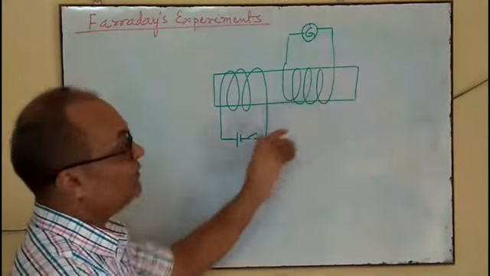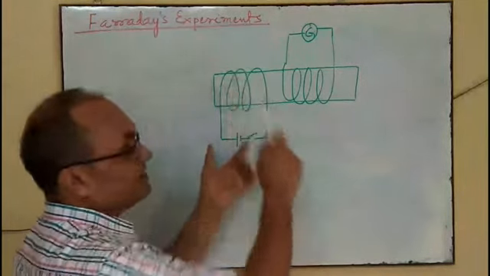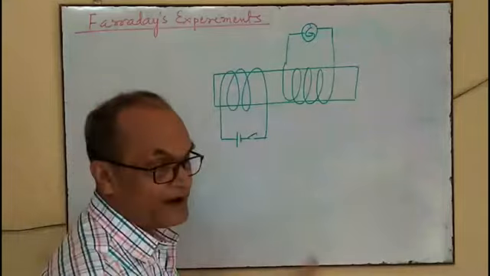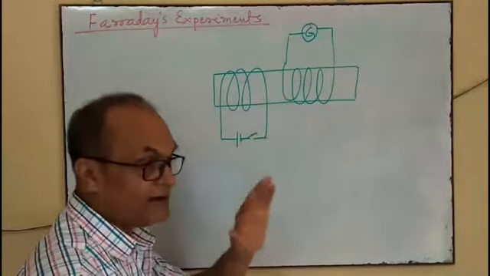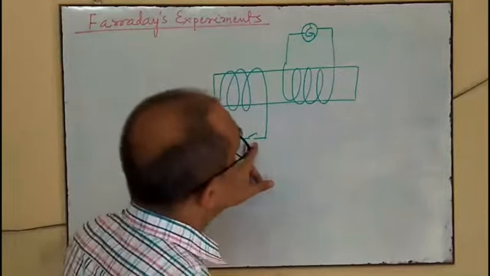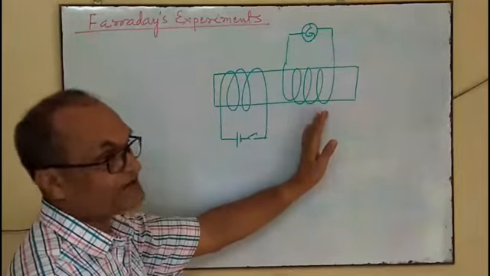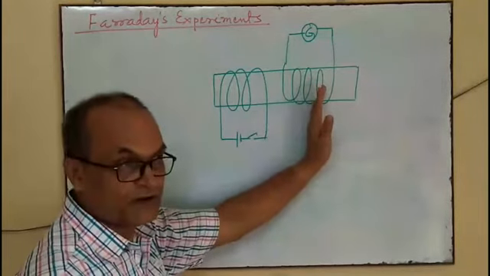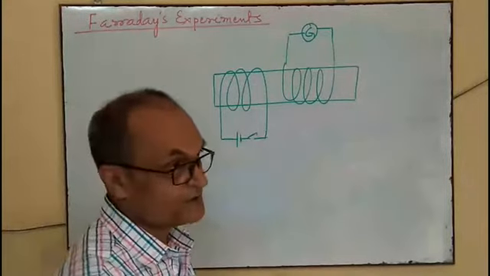When we switch on, a magnetic field is established which passes through the coil, and when the switch stays on, there is no change in magnetic flux, so at that time there is no deflection.